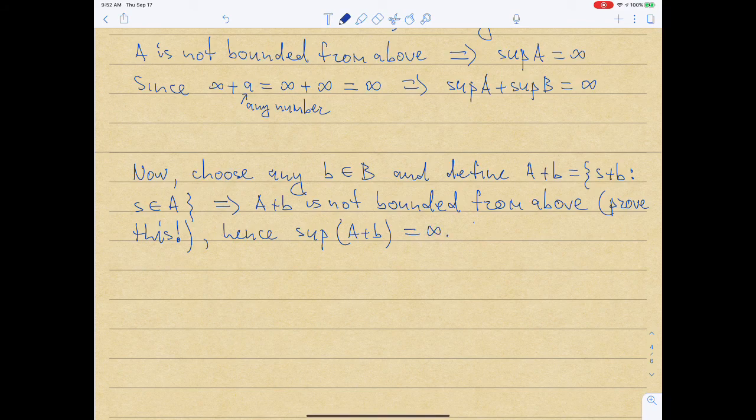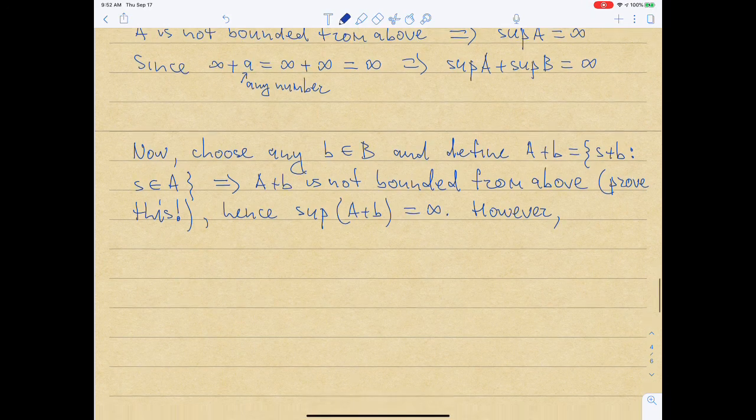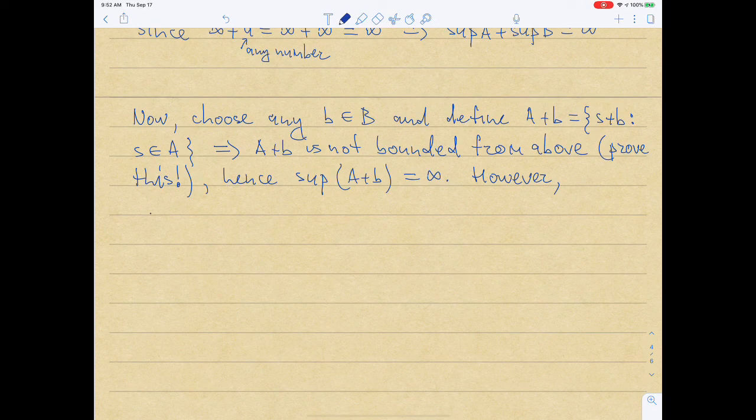Okay, so however, if I compare the sets now, A plus a single element b, and the set A plus B, which consists of all possible sums of elements from A and B, then A plus a single b is going to be a subset of the set A plus all possible b's.